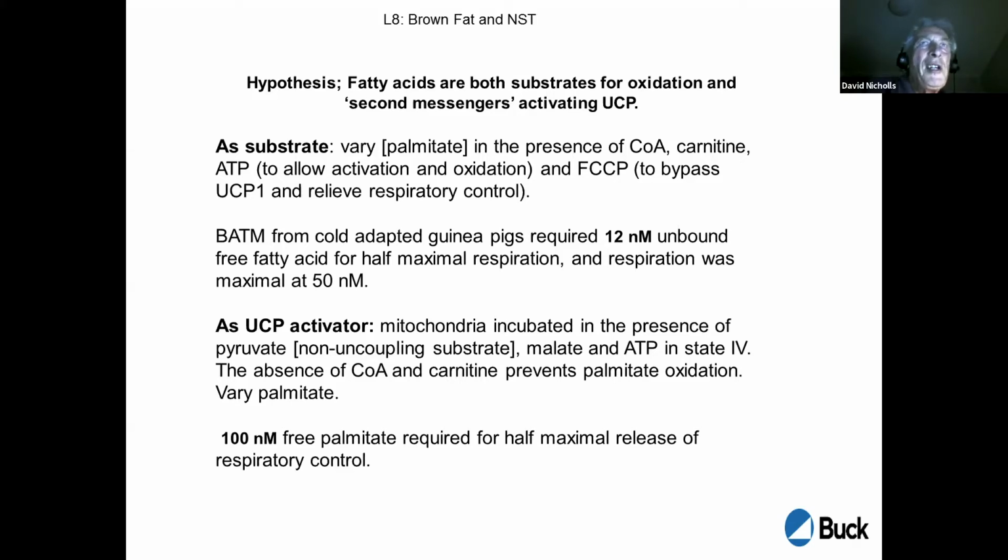We have the protein, we have the mechanism, and we have the evidence that fatty acids are both the substrates for thermogenesis and the activators of the uncoupling protein. So they play a dual role as substrate and UCP activator.